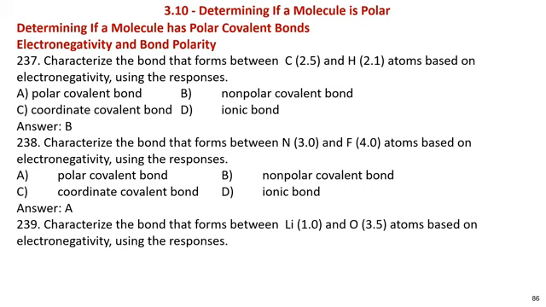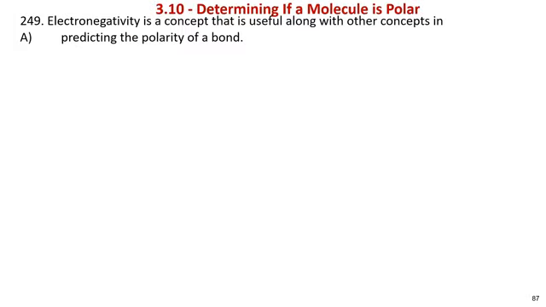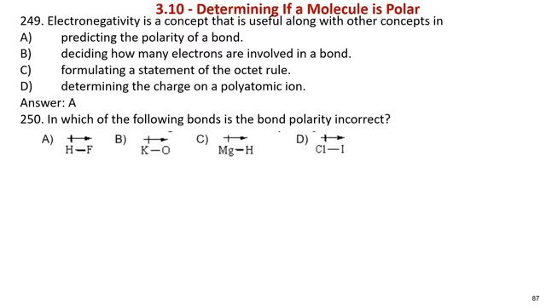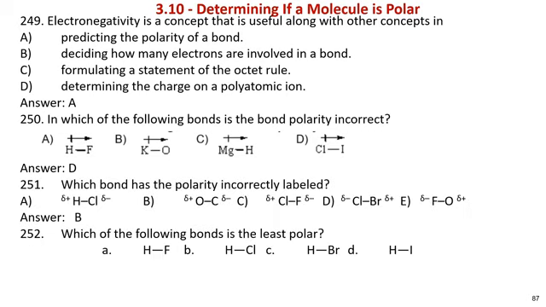Besides, it has carbon-hydrogen non-polar bonds. Which one is incorrectly assigned? This is correct, this is correct, this is correct. That's not correct. Chlorine has higher electronegativity than iodine.